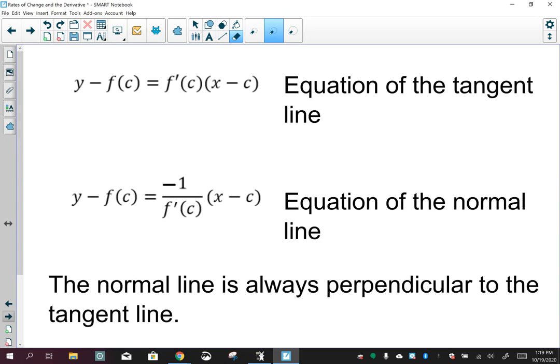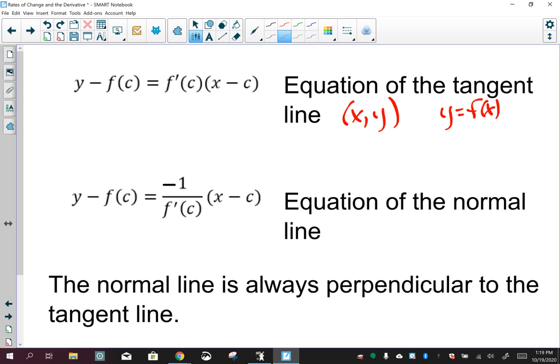Equation of a tangent line. What's going to happen is they're going to give you a point x, y, and then they're going to tell you to evaluate it at that point. They're going to give you this equation over here that you're going to have to work with. So you're going to have to use a difference quotient to find the slope formula for that.